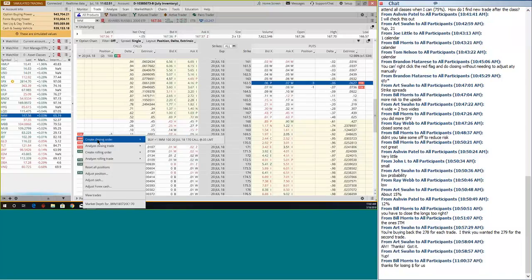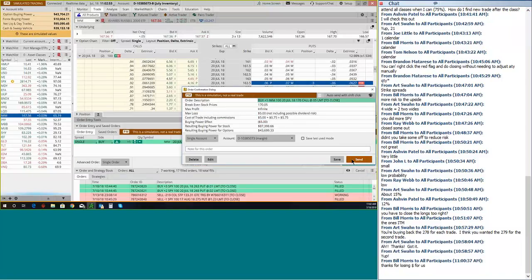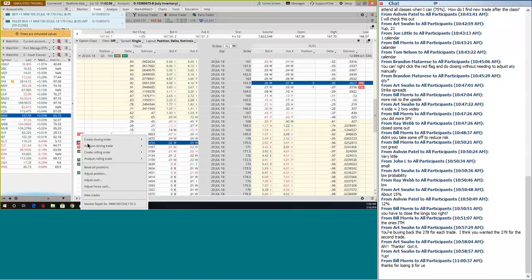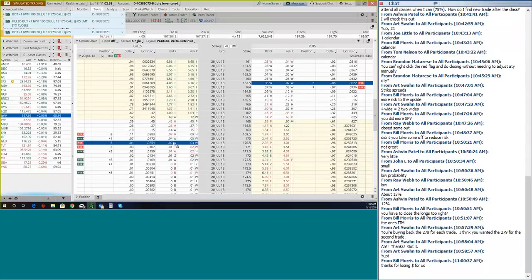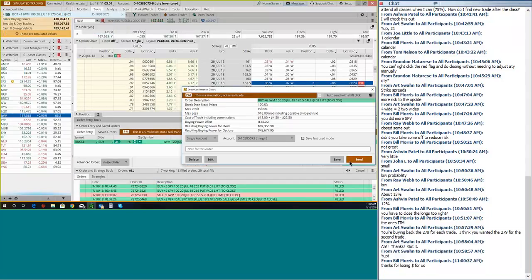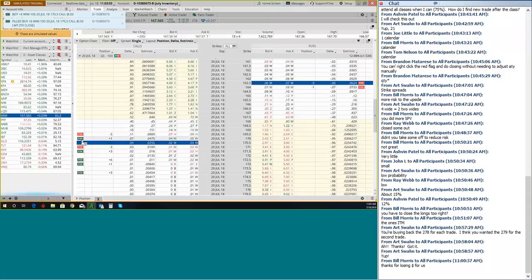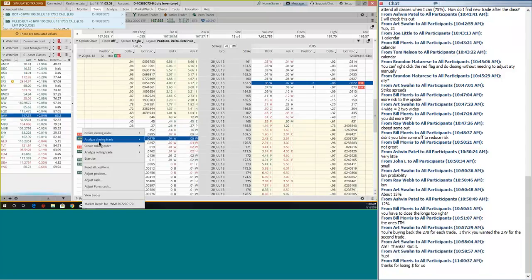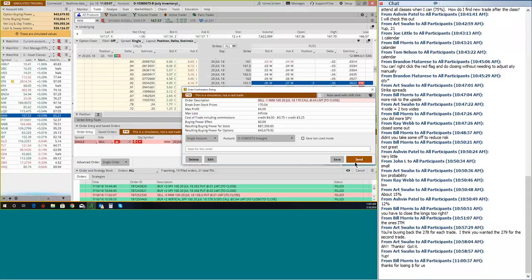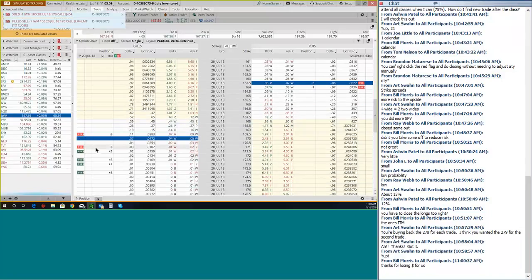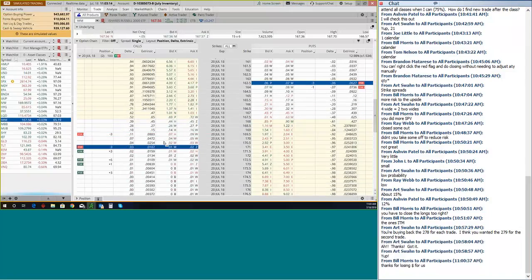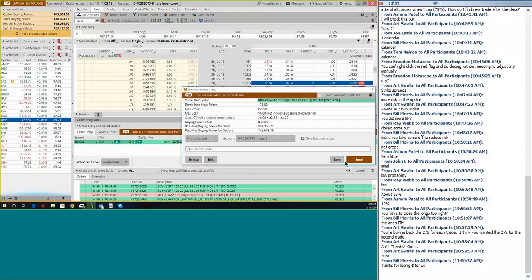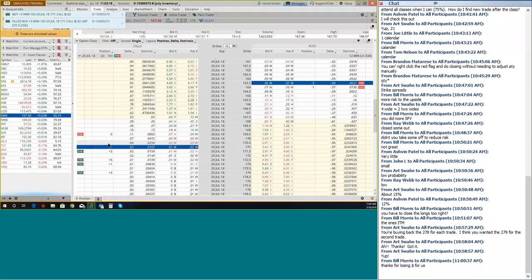So right-click, right-click. Why is it doing that? I don't want to. Am I double clicking or something? All right, there we go.